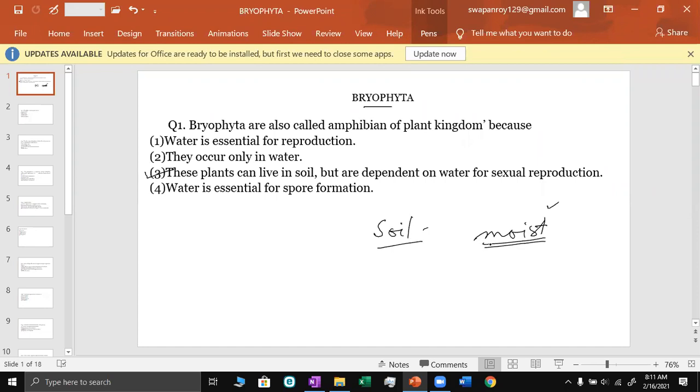And for sexual reproduction, they are dependent on water. Why?